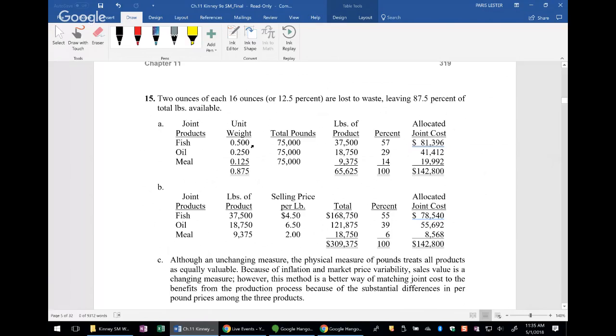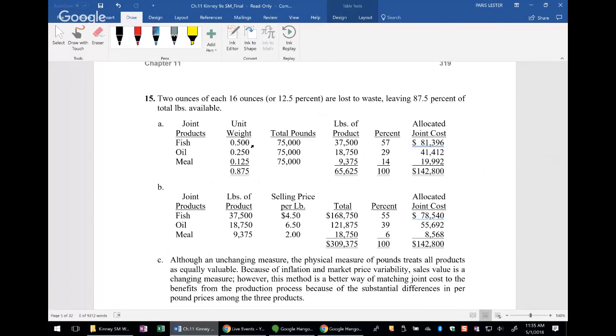Okay, and then they gave you the cost. Yeah, they gave you the 450, the 650, and the $2. So where did the decimal 50 come from? Unit weight. How'd you calculate that?